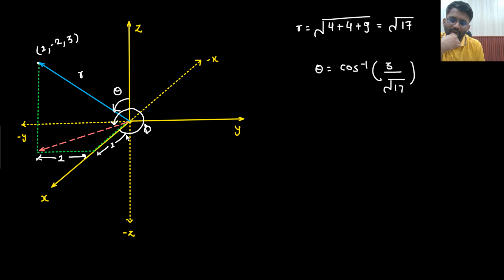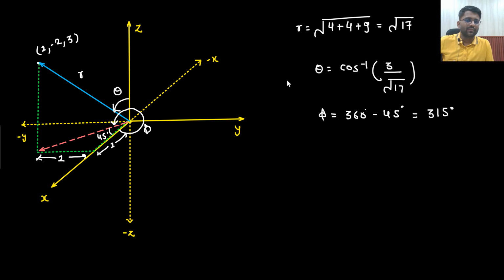So this angle will be 45 actually. So the value of phi will be 360 minus 45 degree, so it would be 315 degree. Value of theta would be cos inverse 3 by under root 17. So these are the values.